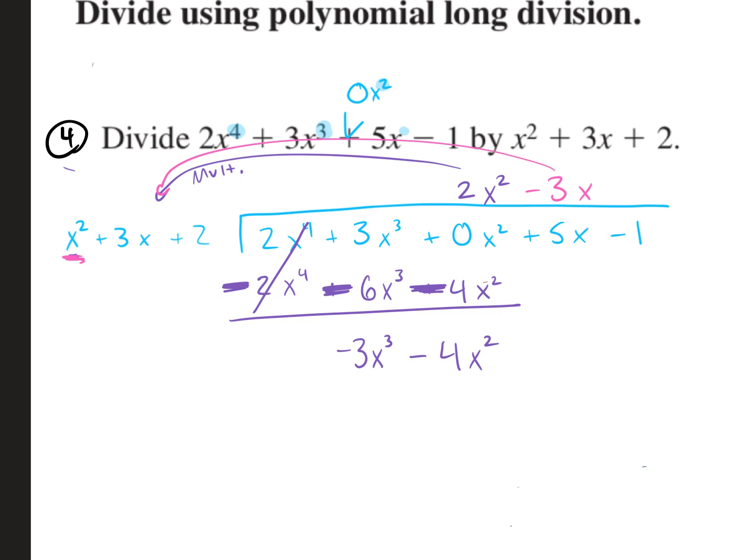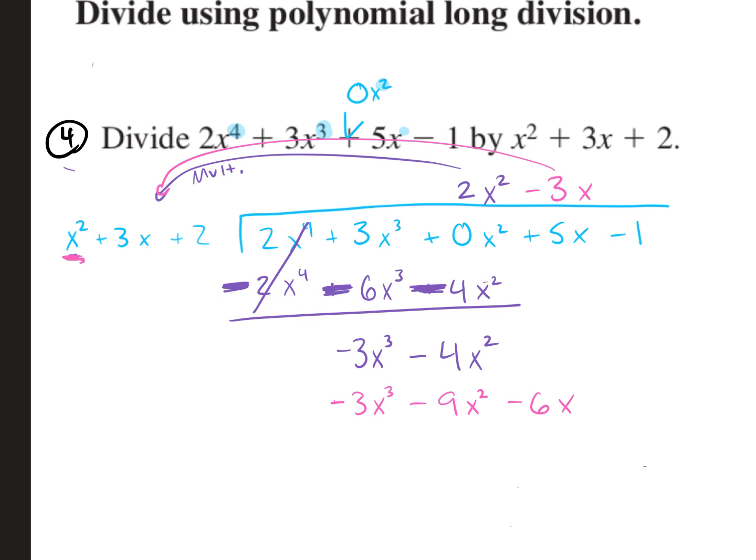So negative 3x times x squared: negative 3x cubed. Negative 3x times 3x: negative 9x squared. And negative 3x times 2: negative 6x.